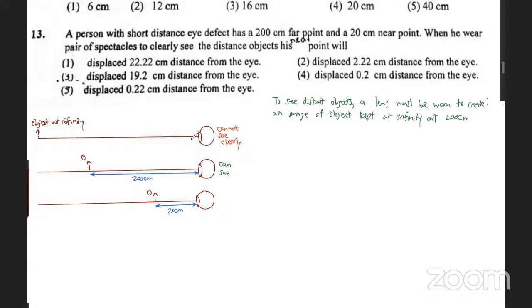When you keep the object here, that lens should create an image here, so he will be able to see that image.